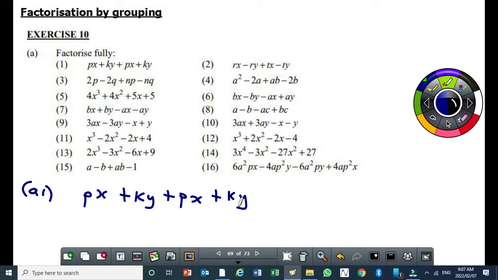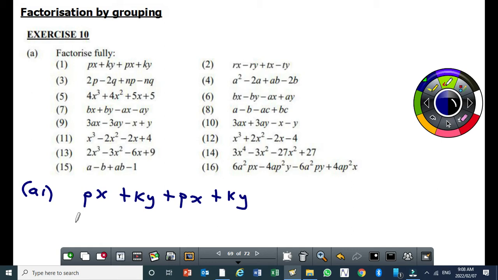Right? The moment the first two terms don't have a common factor, it should be a clue to you that, if you can't factorize the first two terms, it means you have to rearrange the terms. Okay? So here I'm going to move term 3 to the second position, and I'll move term 2 to the third position. Okay? That's how I'm going to factorize.